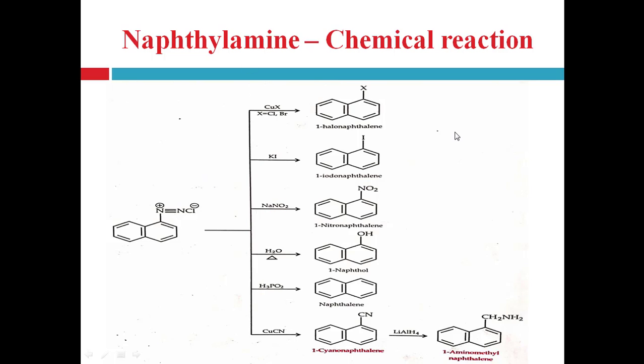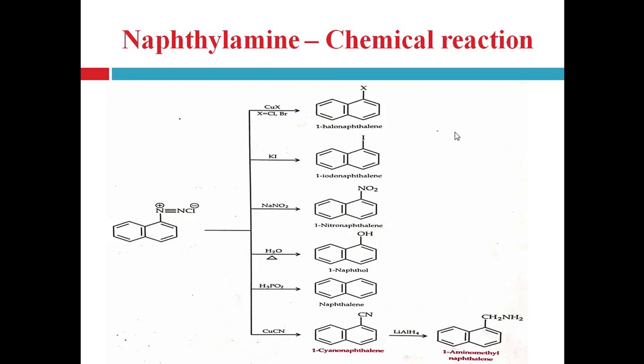Now when this naphthalene diazonium chloride reacts with potassium iodide, then iodination of the naphthalene ring occurs and forms 1-iodonaphthalene. Next, nitration. This naphthalene diazonium chloride reacts with sodium nitrite, then it will form the 1-nitronaphthalene. Nitration of the ring occurs.